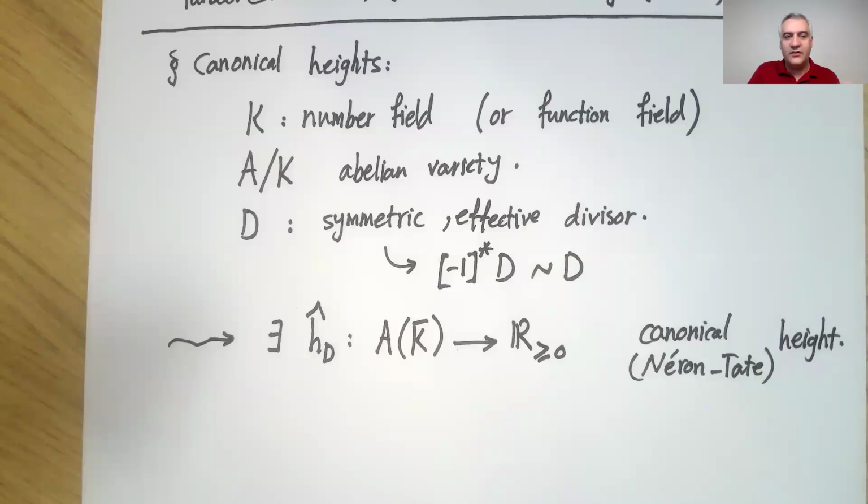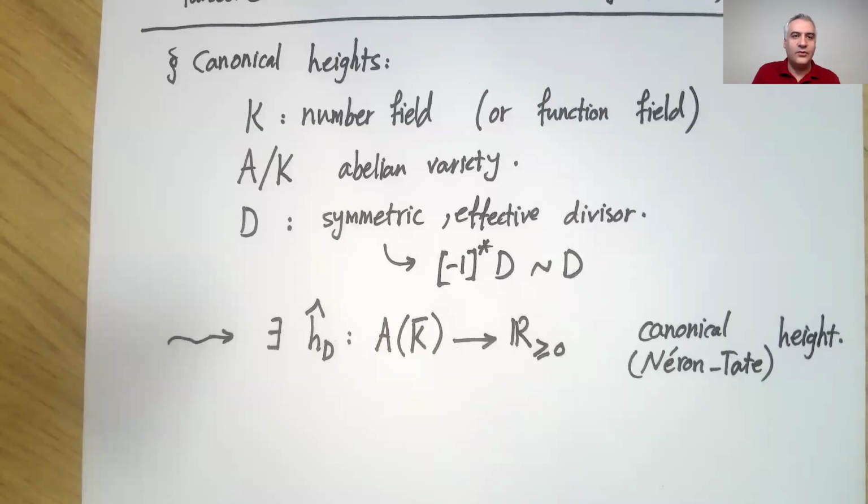Generally, heights are defined up to a constant or up to a bounded function, and Néron and Tate realized that there are methods to give a God-given canonical height function in the case of abelian varieties. So Tate's is still a mysterious function. It's extremely useful. You have seen this in action probably in the proof of Mordell-Weil.